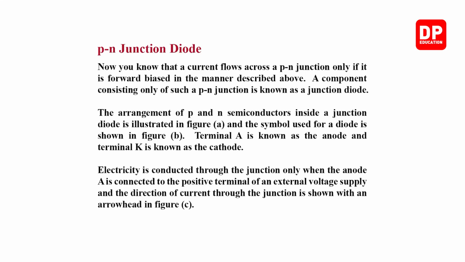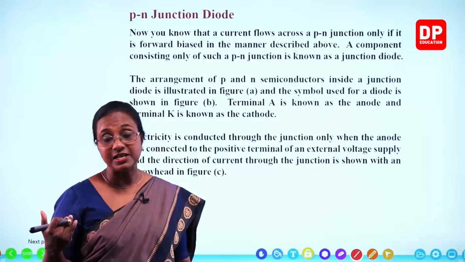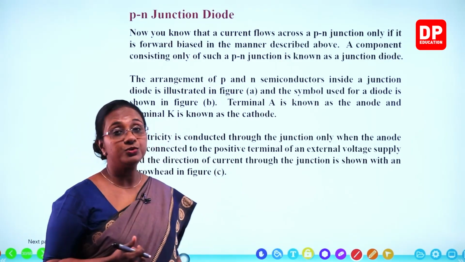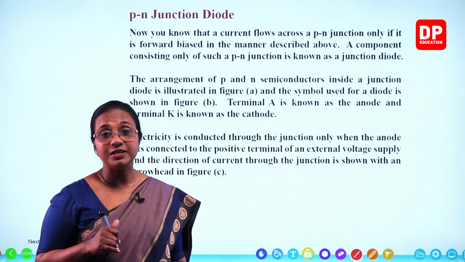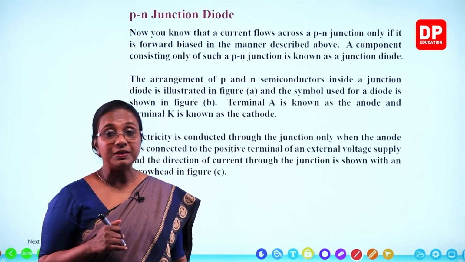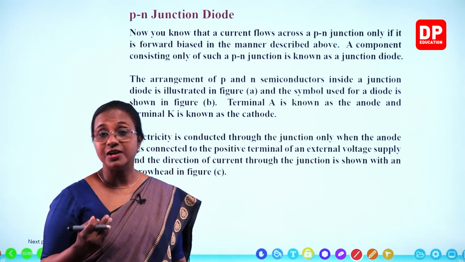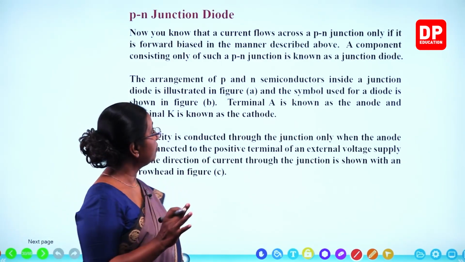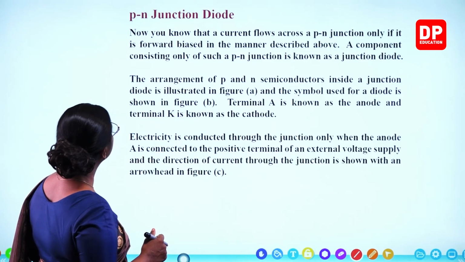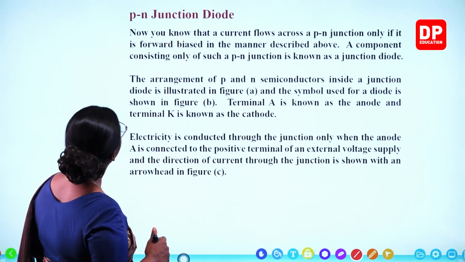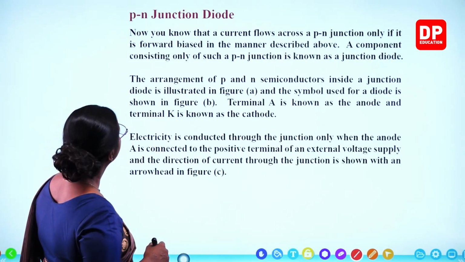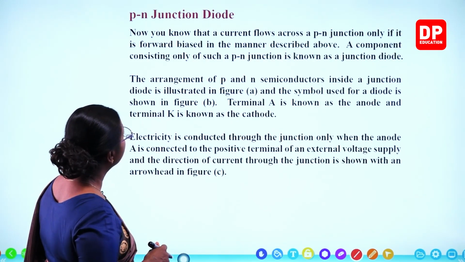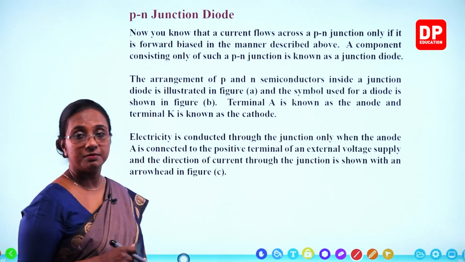So, here we look at the electronic device that is made using the PN junction. We have already used this PN junction diode when we did the activity of biasing the PN junction. Now we will try to understand what this PN junction diode is. You know that a current flows across the PN junction only if it is forward biased in the manner described above.